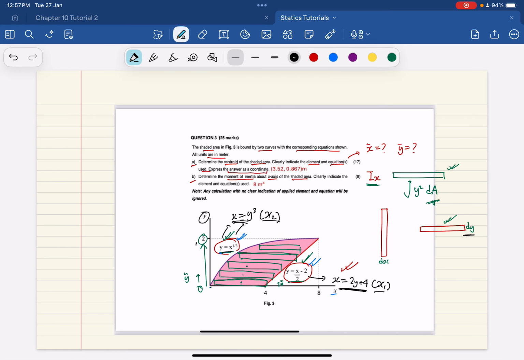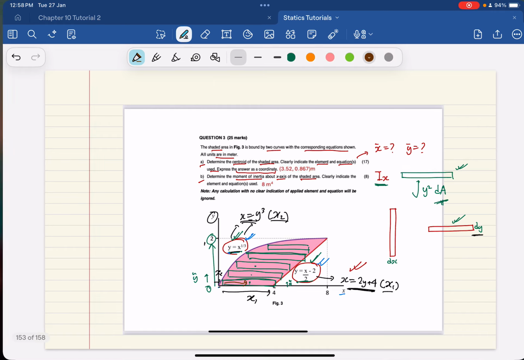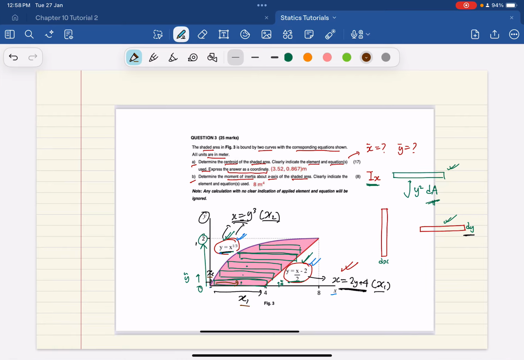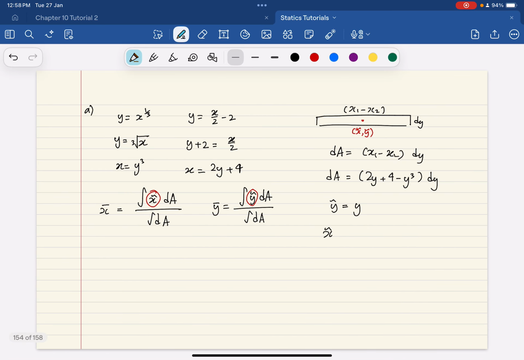This is your x1 and this is your x2, so your x tilde is going to be here in the middle. So it is x1 plus x2 divided by 2, which is 2y plus 4 plus y cubed divided by 2.